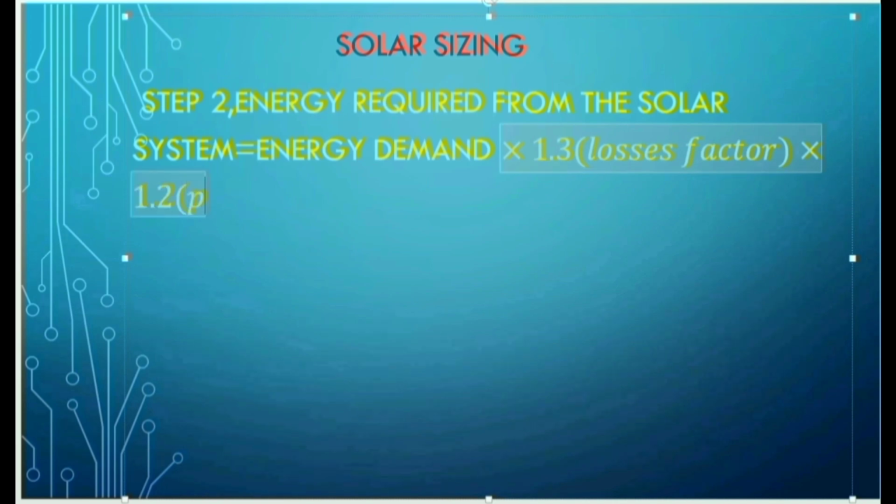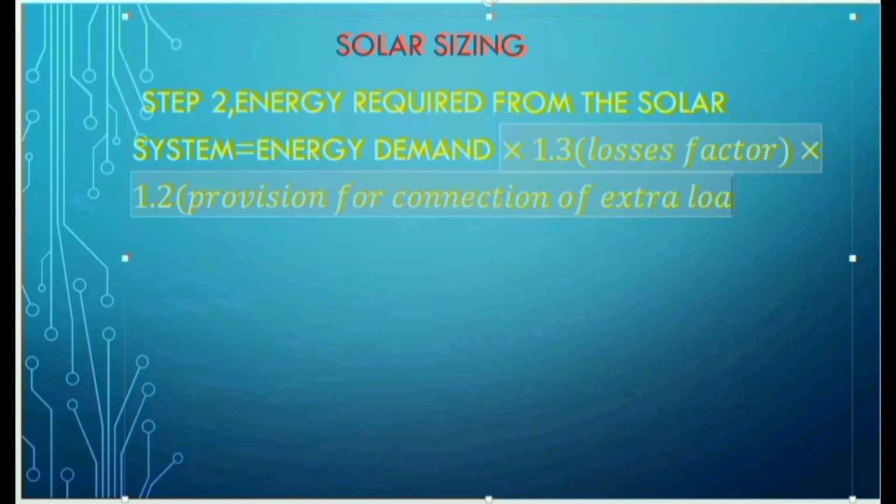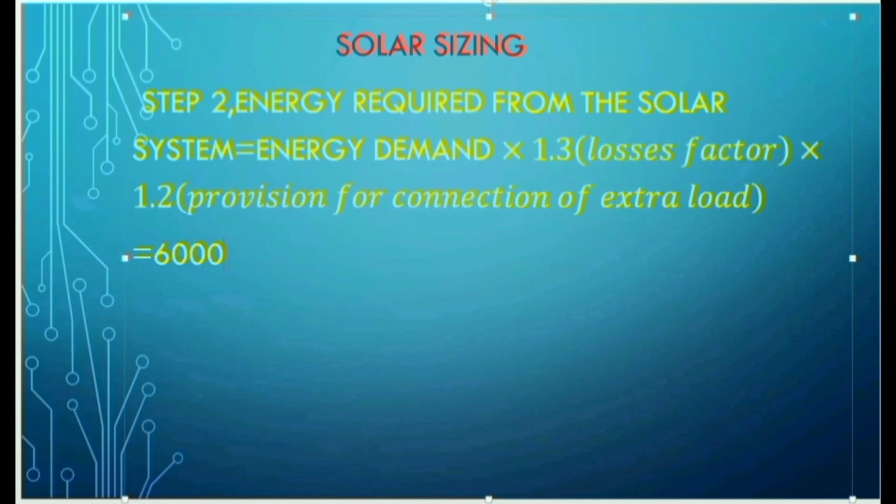The 1.2 provision enables us to connect any other load to the system when our pumps are pumping. This will be given by 6000 watt hours times 1.3 times 1.2. So the energy required from our solar system will be 9360 watt hours.